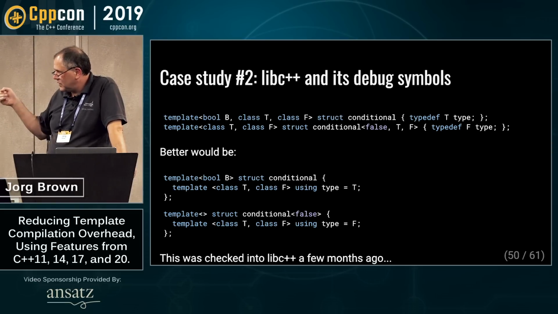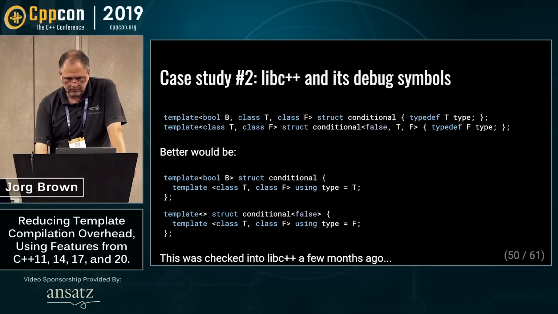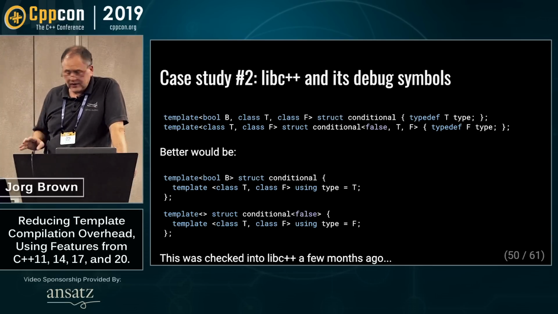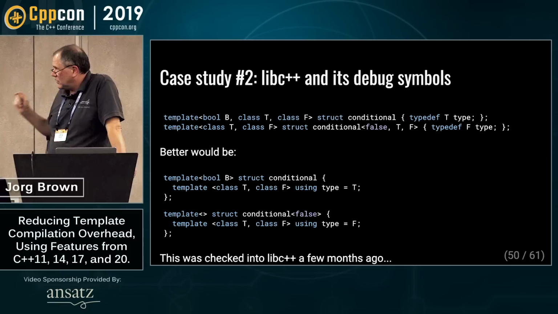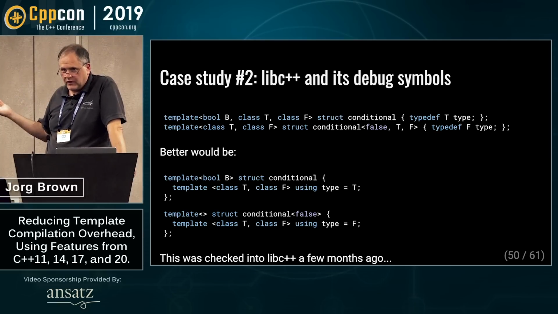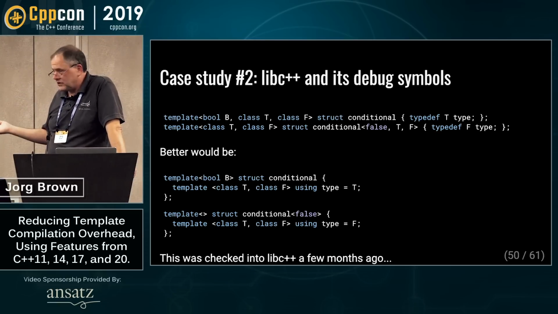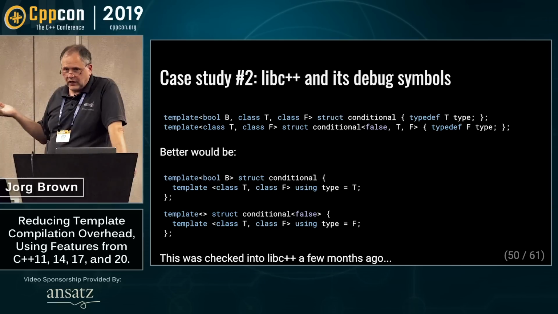In fact, a similar fix to this was checked into libc++ about 3 months ago as a result of our investigations. The great thing about this is that there's only 2 conditional classes that ever get generated by this: conditional of true and conditional of false. There is no overhead of the using declaration at all. It just completely disappears. There's no type involved.